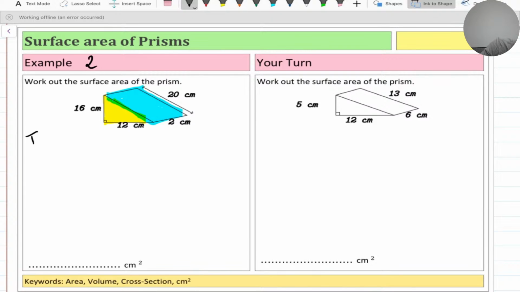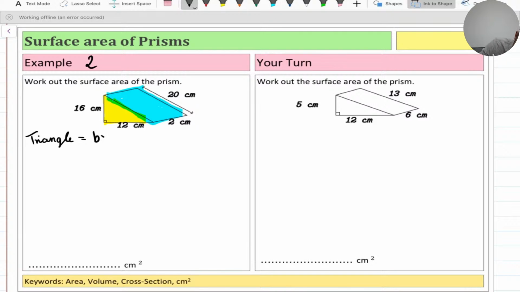So the triangle area. Now, what do people always forget when they're dealing with triangles? What do people always forget to do? Yeah, that's it. Divide by 2.